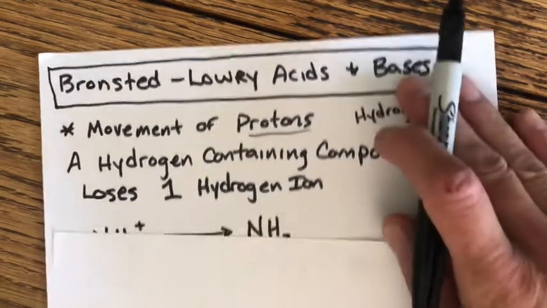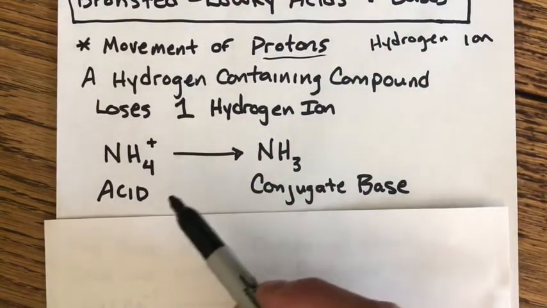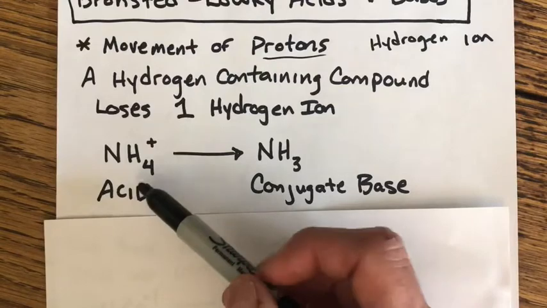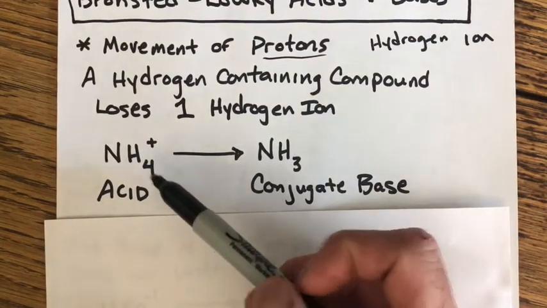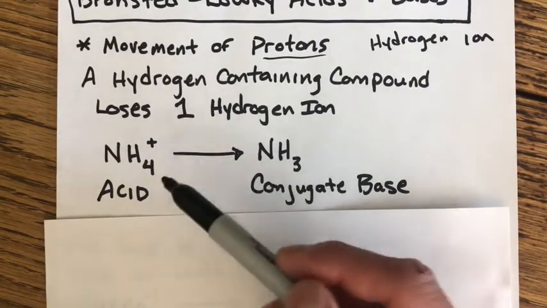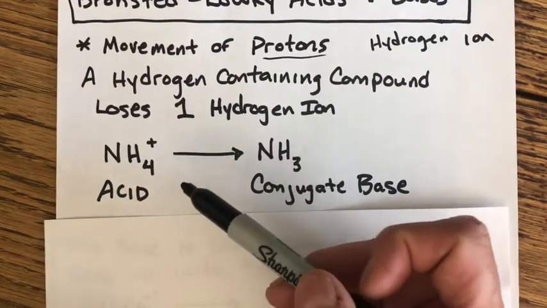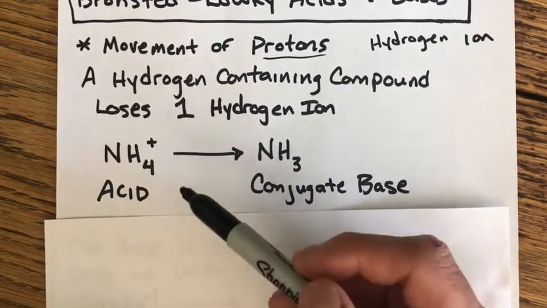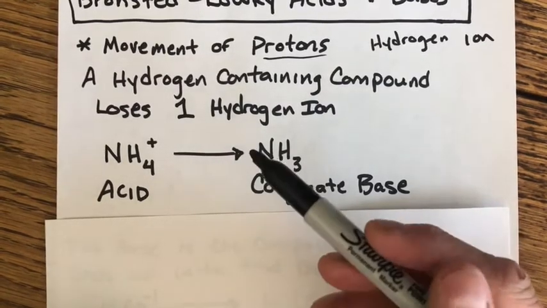Okay, and so here's an example. As an Arrhenius acid, we would have thought, okay, those things contain hydrogen, and so do Bronsted-Lowry acids. They contain hydrogen, but that's not the defining feature of a Bronsted-Lowry acid, because a Bronsted-Lowry base can also contain hydrogen as well.